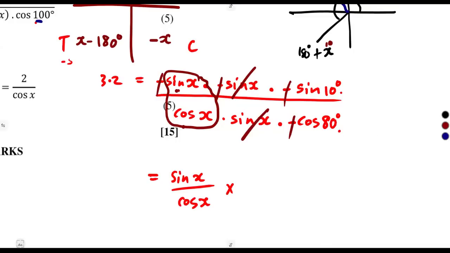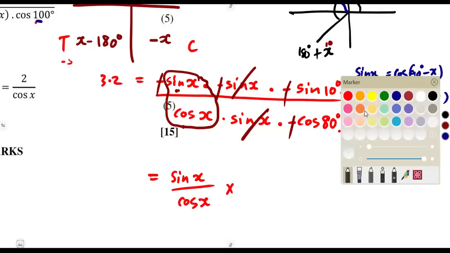All right. We can change either the cos of 80 to a sine of 10, or the sine of 10 to a cos of 80. How? Remember that the sine of x is equal to cos of 90 degrees minus x from your co-function. Also, the cos of x is equal to the sine of 90 degrees minus x. So you can change whichever you want.